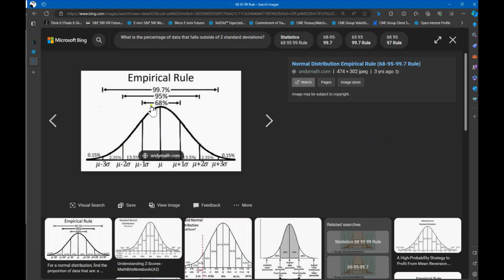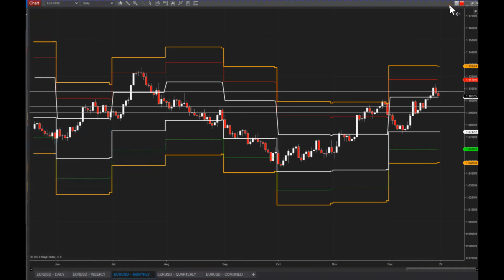That's what we're basing our model on. I don't really go to the 99.7 because I pretty much stop at the 95. But with all of that said, let's take a look at the PT level.